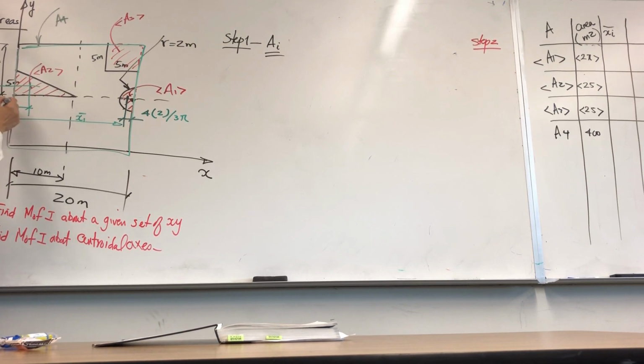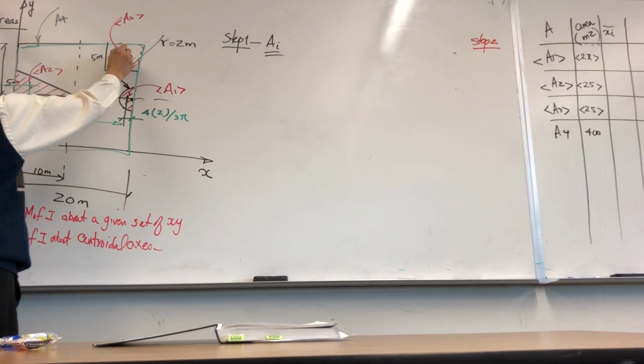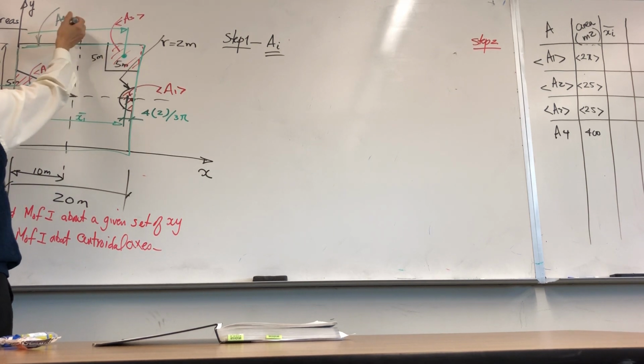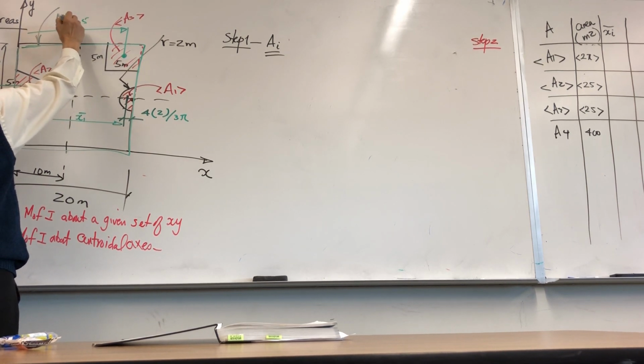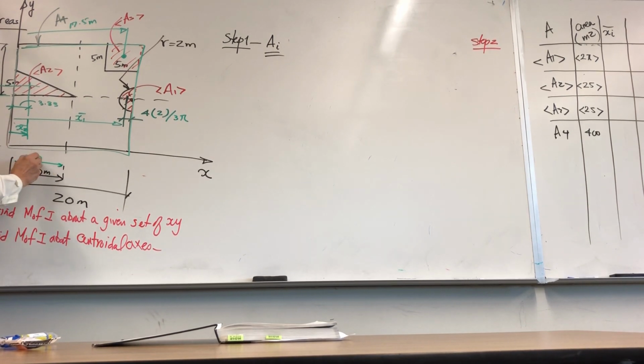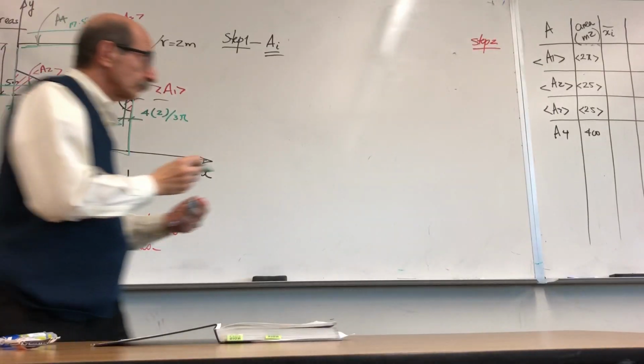This is 10, so this is 3.33. 1/3 of 5 is 1.67, so this is x2 bar. For this guy, it is right here, so that is 2.5 plus that, 17.5 meter. And for this guy, obviously in the middle of it, it is 10. So this is x4.